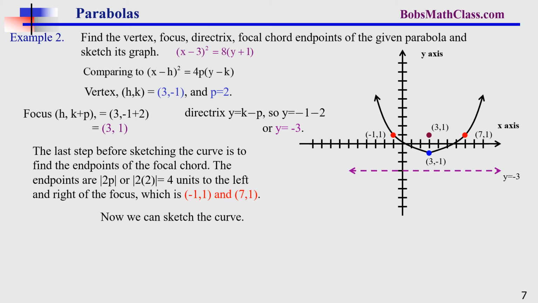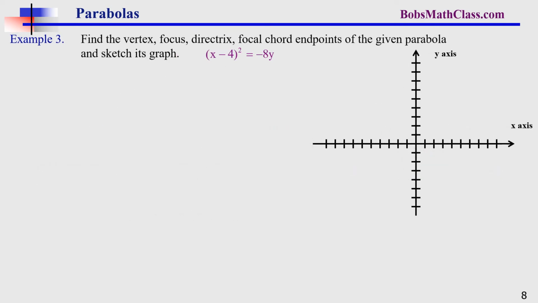It's not a point, it's just a line. And then 2p left and right from our focus, so just count over 4 units from (3, 1), or you could add 4 to the x value, so 3 plus 4 is 7, and 3 minus 4 is negative 1. Alright, let's move on.